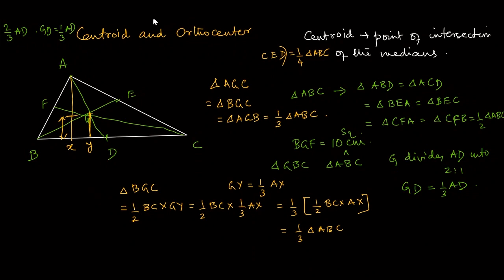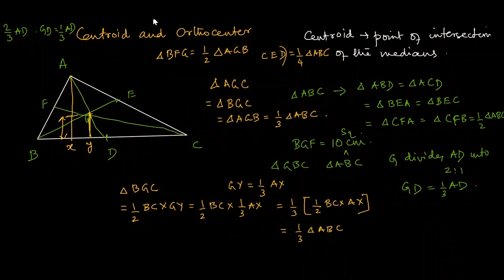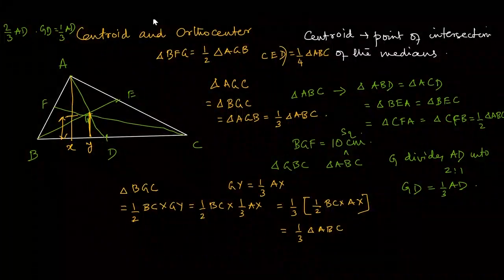Now F is the midpoint of AB, right? So triangle BFG is half of triangle AGB, and triangle AGB is 1/3 of ABC.